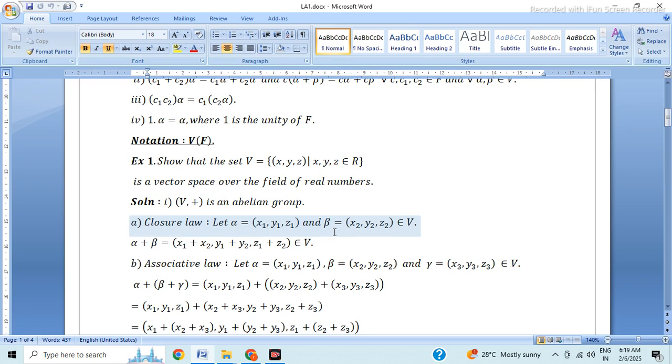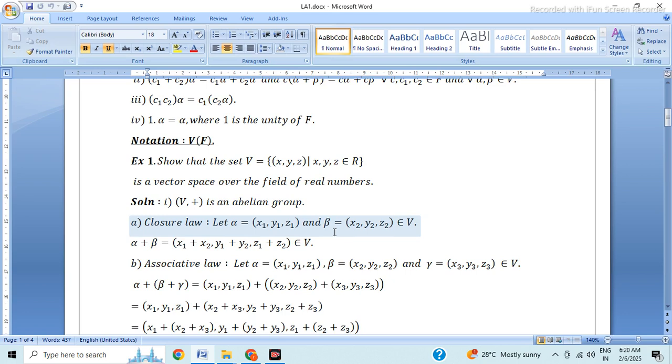In V, the vectors are defined as ordered triples (x, y, z). Then alpha we can take as (x1, y1, z1). Similarly, we can take beta as (x2, y2, z2). Then we will show alpha plus beta.